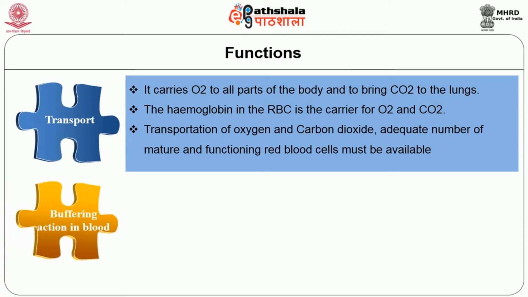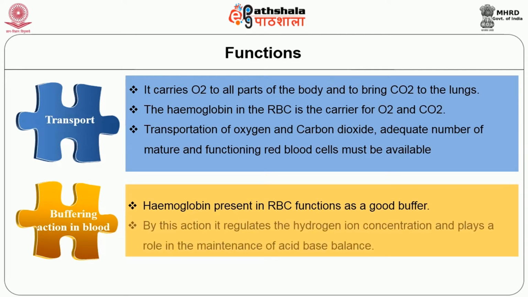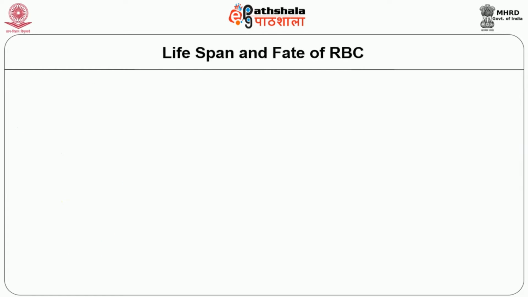Next is the buffering action in blood. The hemoglobin that is present in the RBC functions as a very good buffer. By this action, it regulates the hydrogen ion concentration and plays a role in the maintenance of acid-base balance. Now, what is the lifespan and fate of RBC?